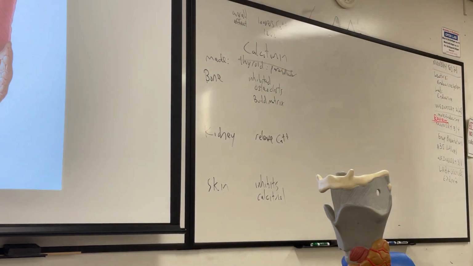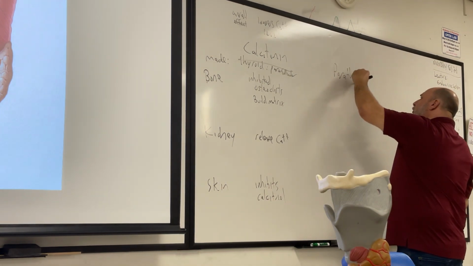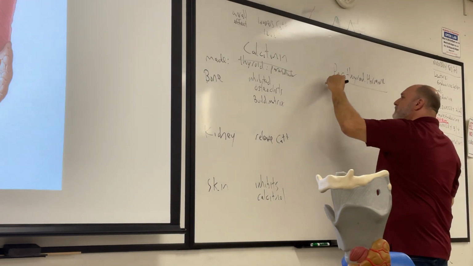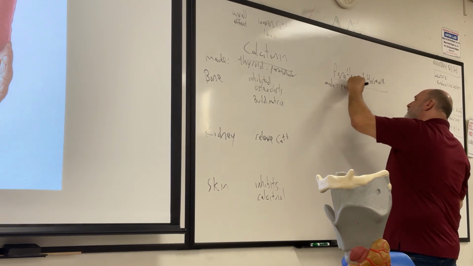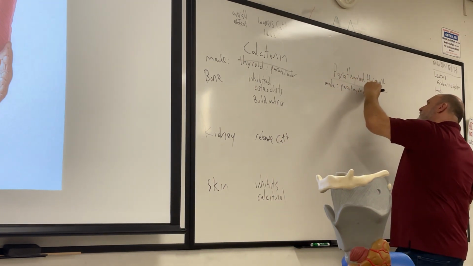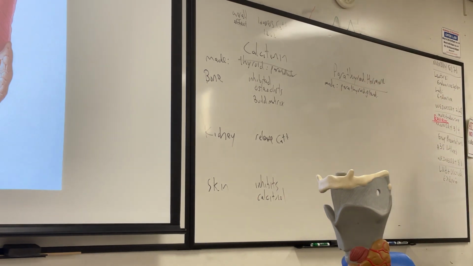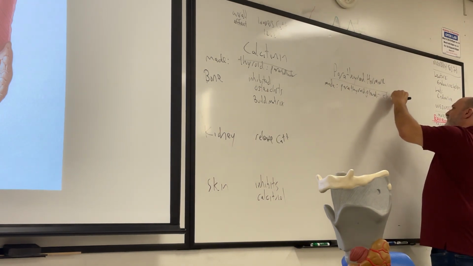All right? Now, we're talking about parathyroid hormone, which of course is made where? Parathyroid gland. And, as we will see, specifically by what are known as chief cells.